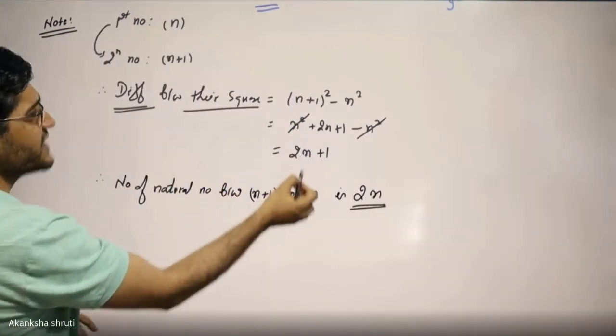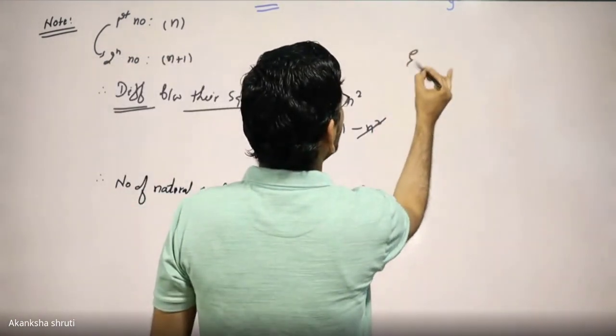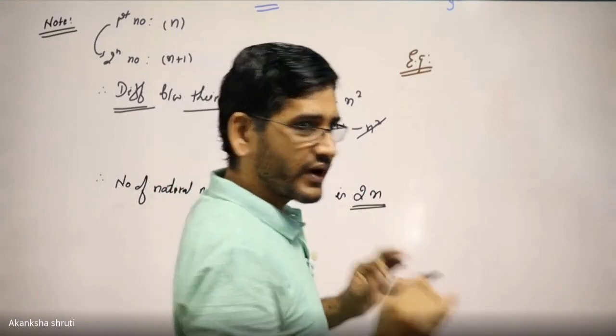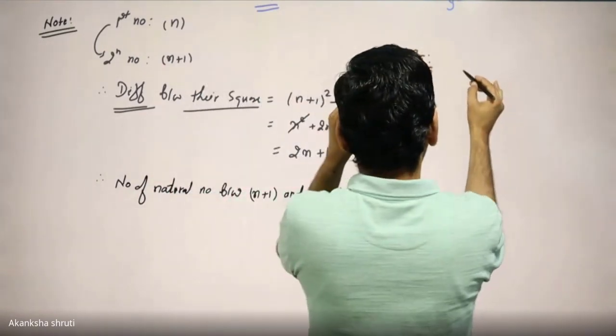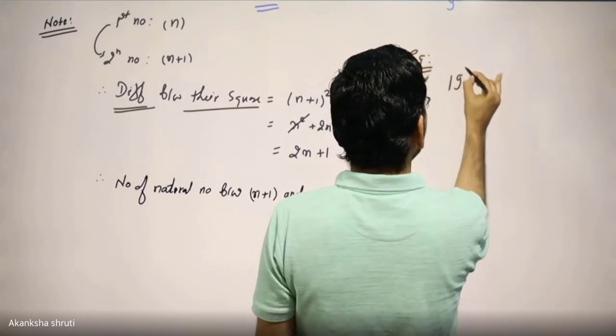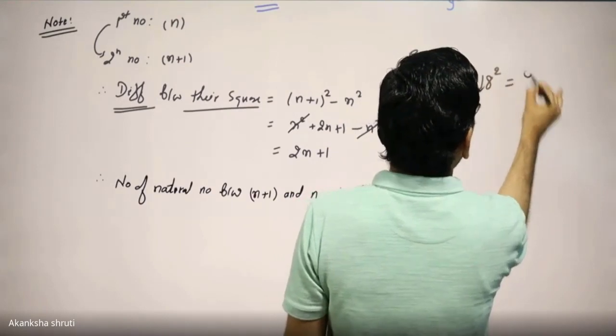This word difference means simply the subtraction. Understand this? Once more, for example, we want to get the value of 19 square minus 18 square. How much is this?